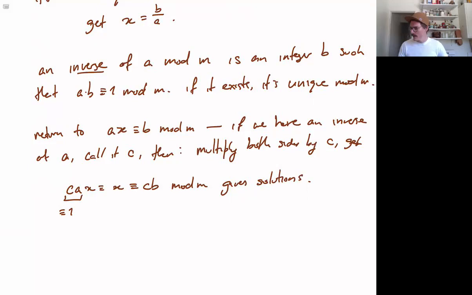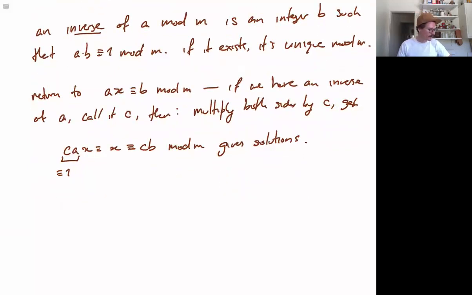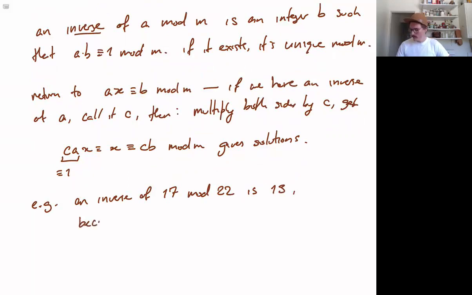So let's see an example of this. What do inverses look like? So what is an inverse of 17 mod 22? So I claim that 13 is an inverse, and we can check that just by doing the multiplication. So 13 times 17.